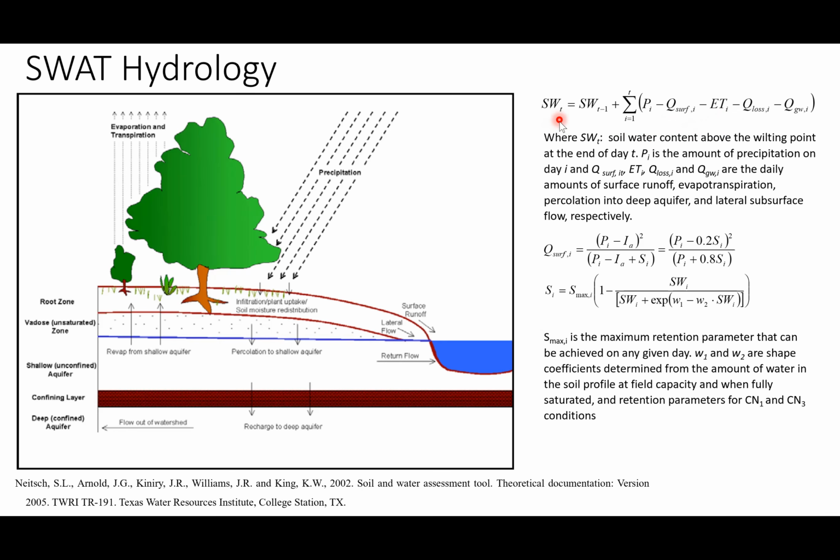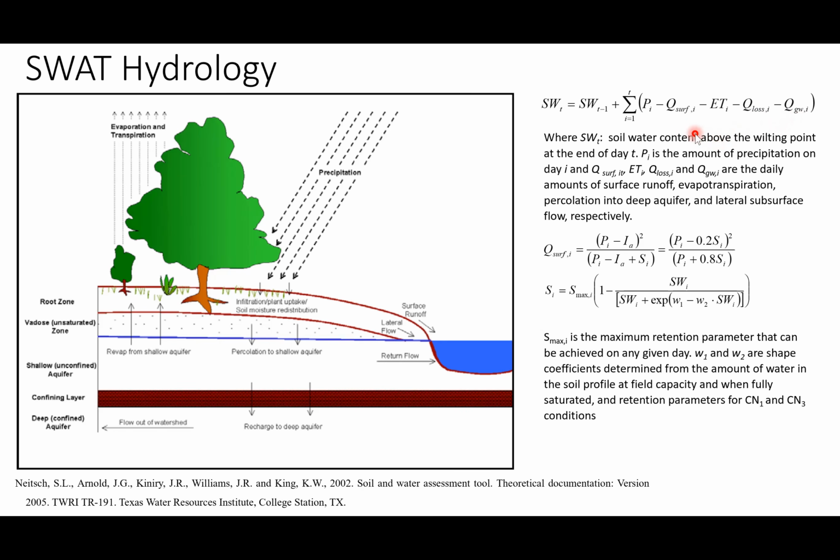What you see here is soil water content at any time step, and we will be doing a daily time step model. So soil water content on any given day is equal to the soil water content on the previous day plus the summation of all these fluxes. So what we have here is precipitation on that day, surface runoff, evapotranspiration, subsurface flow, and percolation.